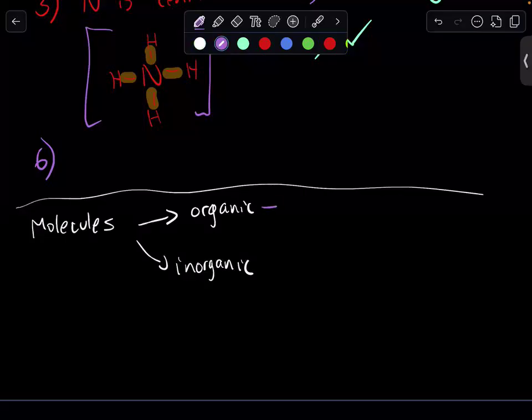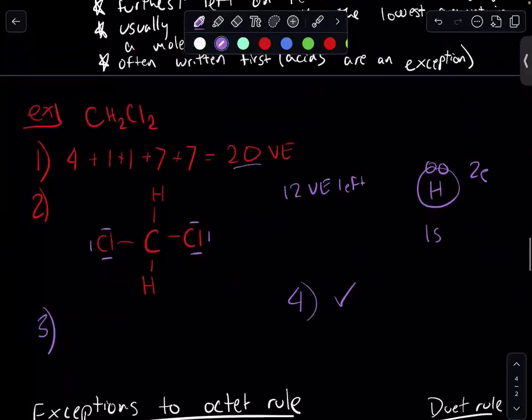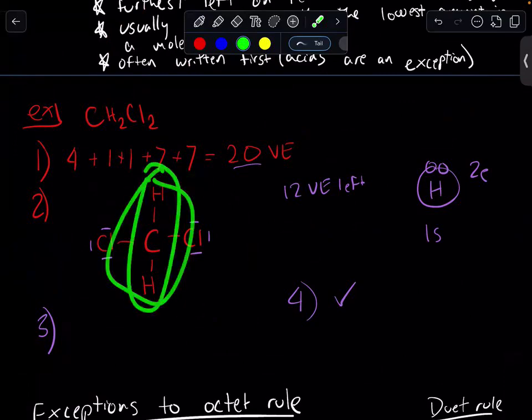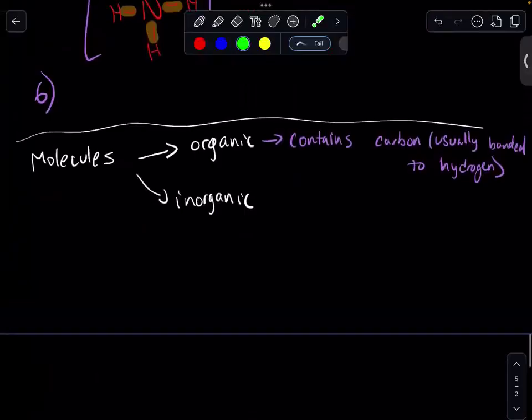In chemistry, organic means contains carbon, but usually bonded to hydrogen. So for example, if we go all the way up to this molecule, CH2Cl2, that's organic. We have carbon bonded to hydrogen. So that's definitely an organic compound.